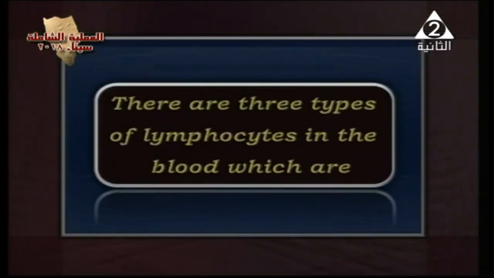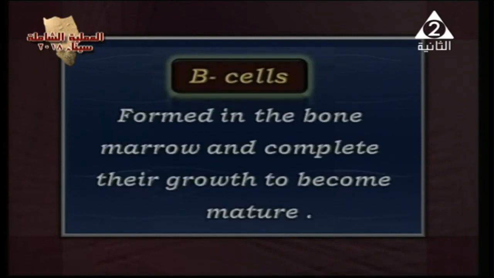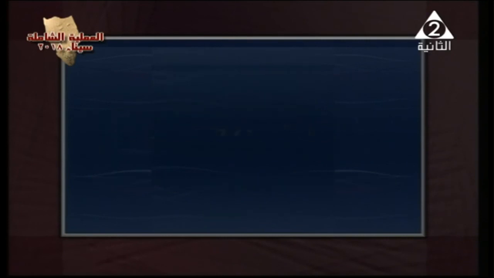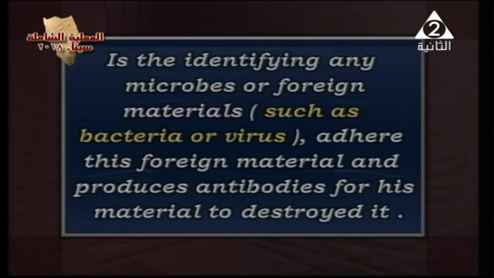There are also 3 types of lymphocytes in the blood. Again, how many types of lymphocytes do we have? We have 3 types. Number 1, B cells. B cells are formed in the bone marrow, and they complete their growth to become mature. Their function is identifying microbes. Simply, they look like the soldiers inside your body, for what?